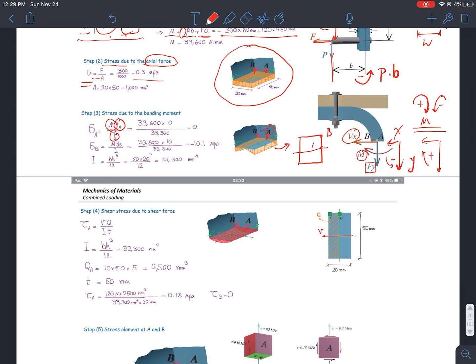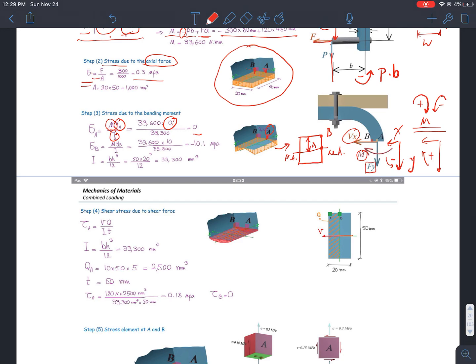This corner here is B. A is in the middle of it and is actually right on the neutral axis. So the distance from point A to the neutral axis is 0. So I don't have any normal stress generated by bending moment at point A.